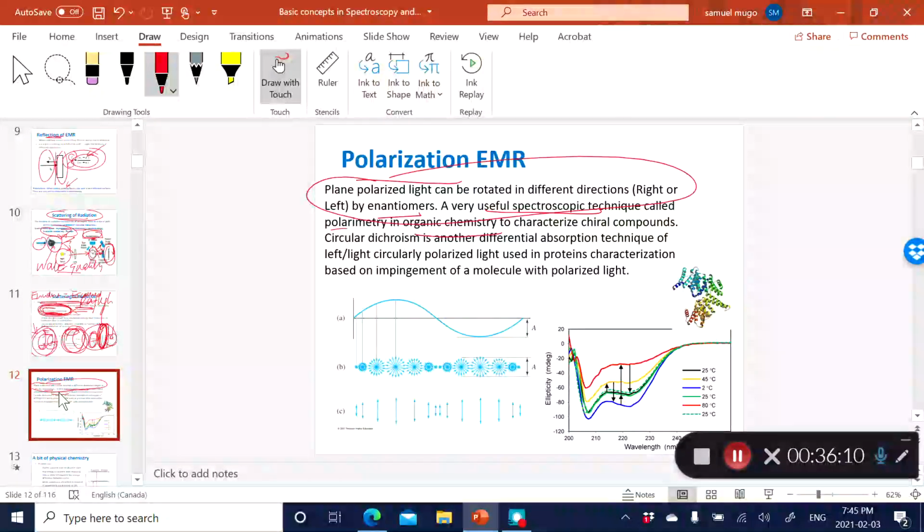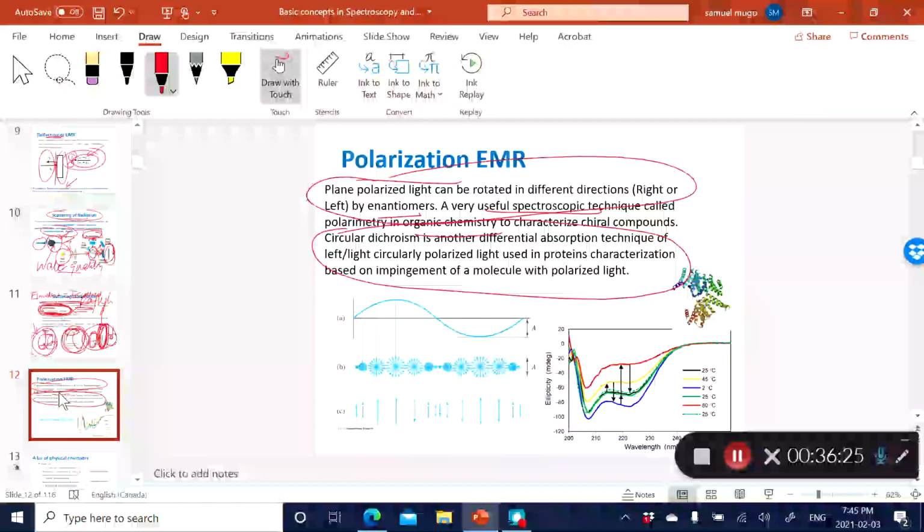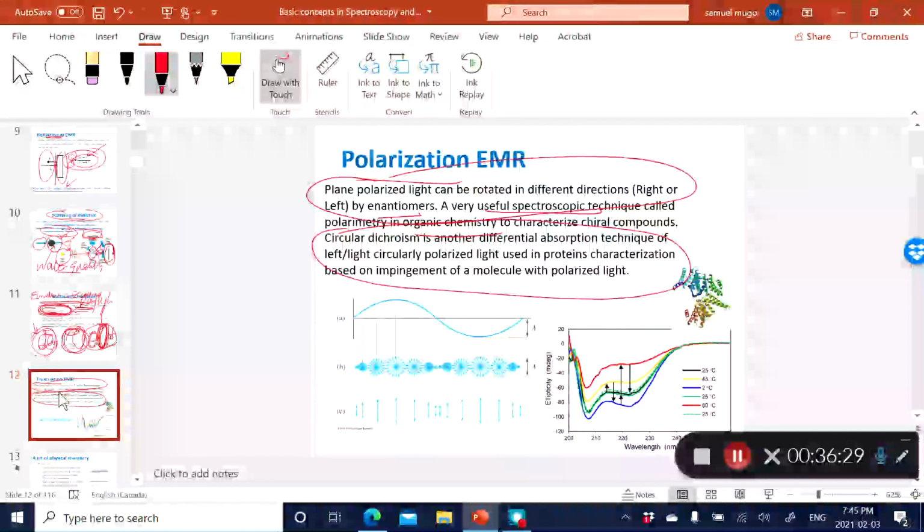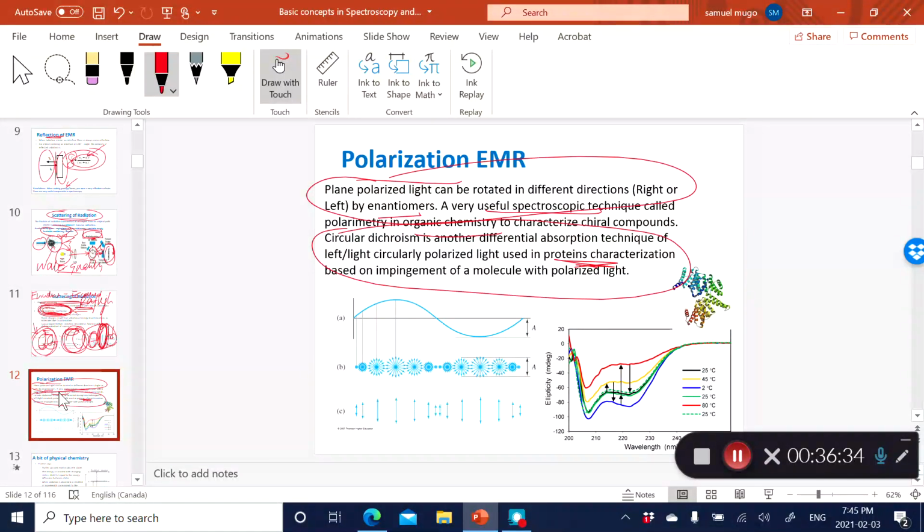Now, polarization is also very common in a technique that's not too different from polarimetry, called circular dichroism. And this is where you actually measure the differential absorption of left or right circularly polarized light as it impinges on a protein. Some proteins typically have chirality in them. And so depending on the direction at which they rotate the light, you can differentiate different types of proteins.